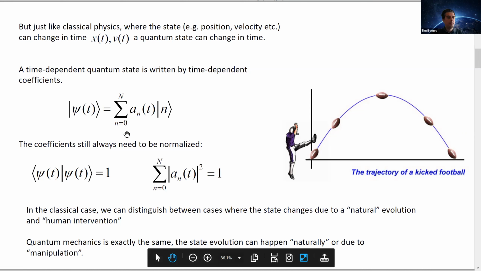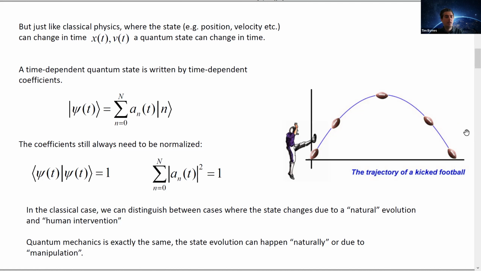Or basically, if we were thinking about, say, planets and the moon and things like that, that's not a man-made effect. That's just happened naturally. And so either way, these states can evolve in time, either because humans did it, or it's just naturally doing it. And either way, you can describe it in the same way. So the quantum mechanics is exactly the same.